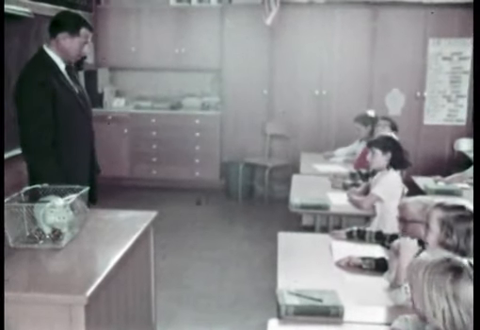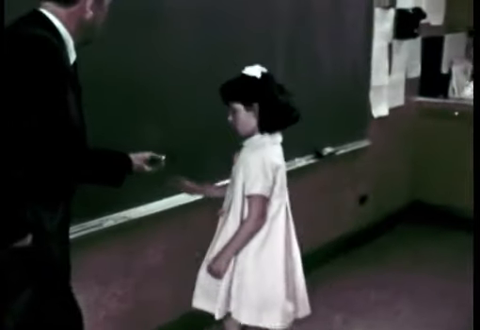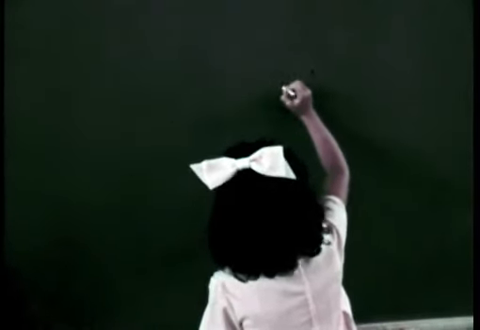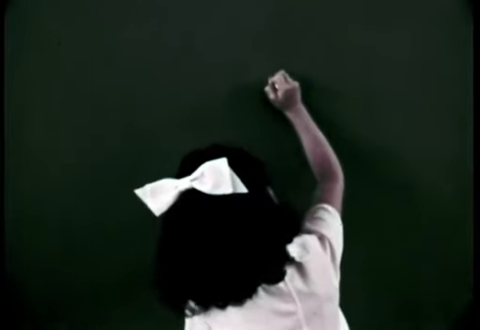Could you show us on the board? All right. All right, use that. Right up there. 515 pennies. 515.